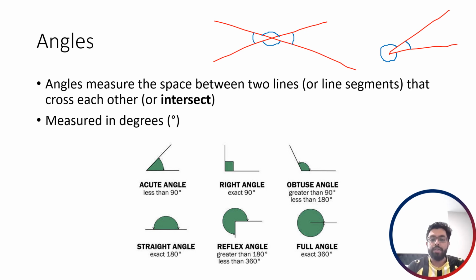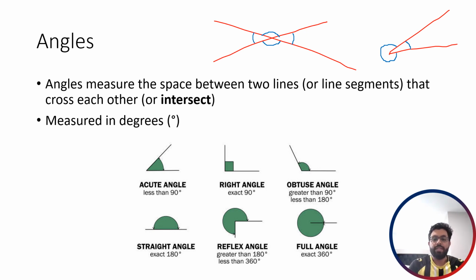And angles are measured in degrees. So just the same way that you would measure a length using meters or centimeters and time using hours, minutes, seconds, you measure the space between two lines or two line segments using degrees.